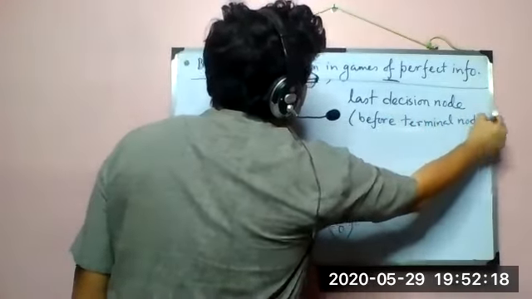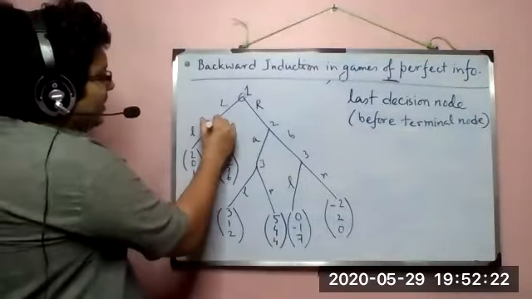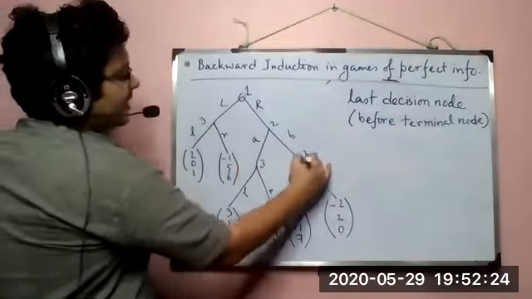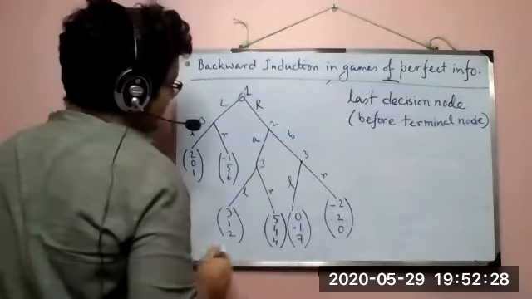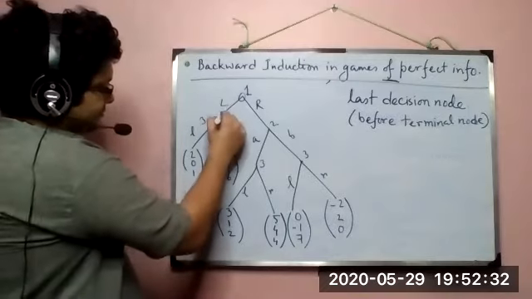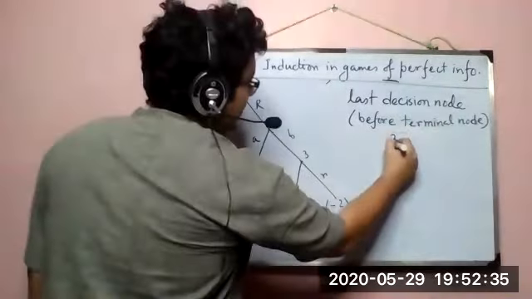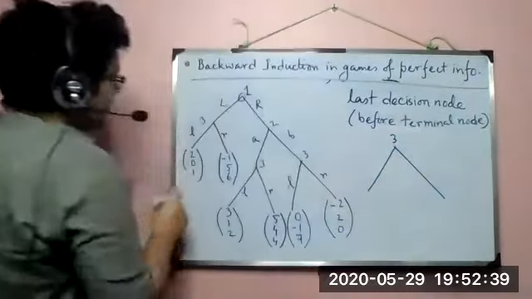Now, since this is a game of perfect information, in these three last decision nodes, player 3 has a very simple job. So let us take this one, and I'll write one of them separately.